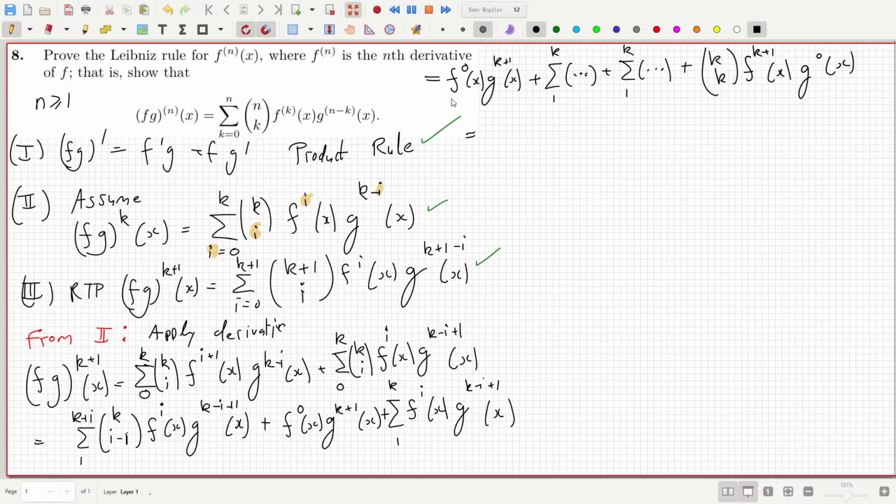The coefficient here is 1, which I could write as k plus 1 choose 0, f 0 x g k plus 1 x plus the two sum parts plus this piece at the end. And again, I can increase that to k plus 1, and it's still the same value.